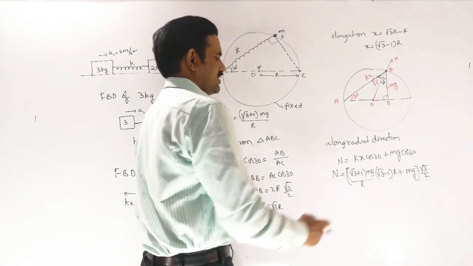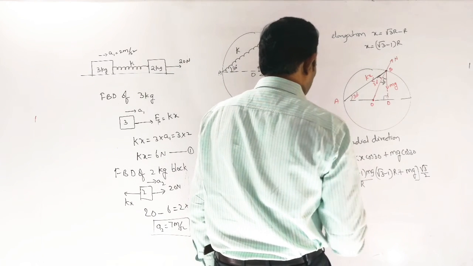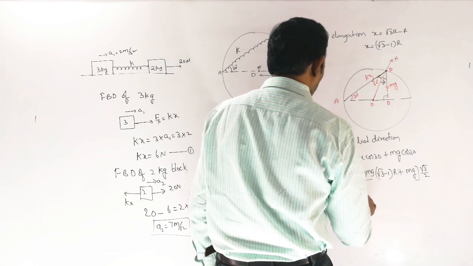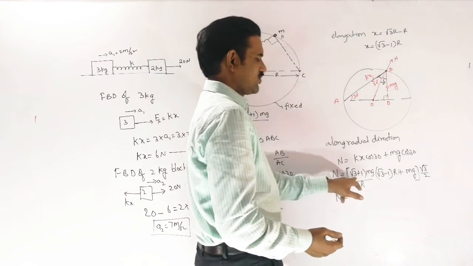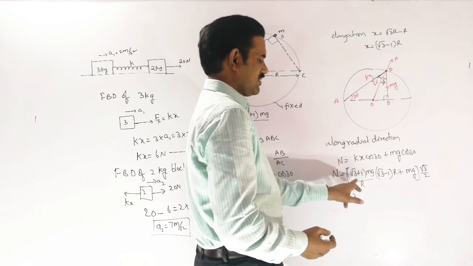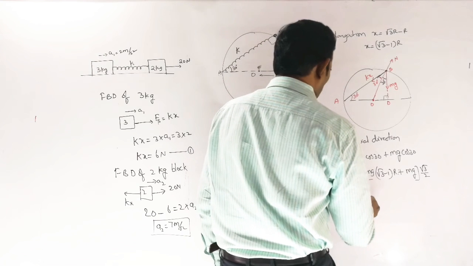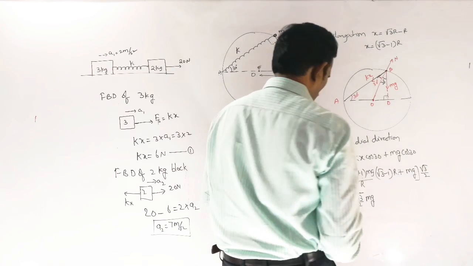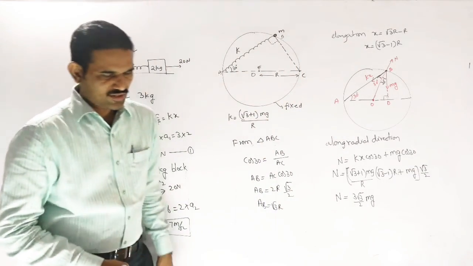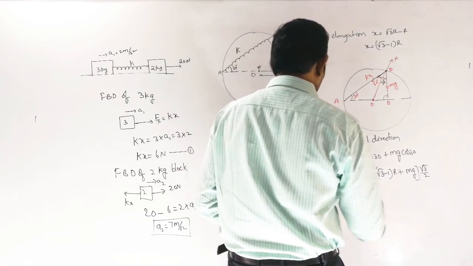And now you can simplify this, so N is equal to, this is 3mg, here you will get root 3 and root 3 whole square, that is 3mg minus mg plus mg, so this is 3 root 3 by 2 into mg you will get finally, right? So that will be the normal reaction between the bead and the ring just after releasing here.